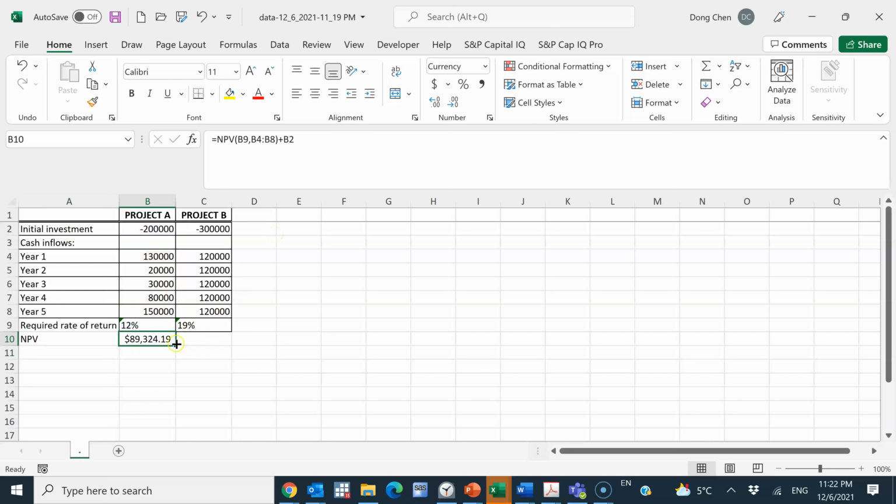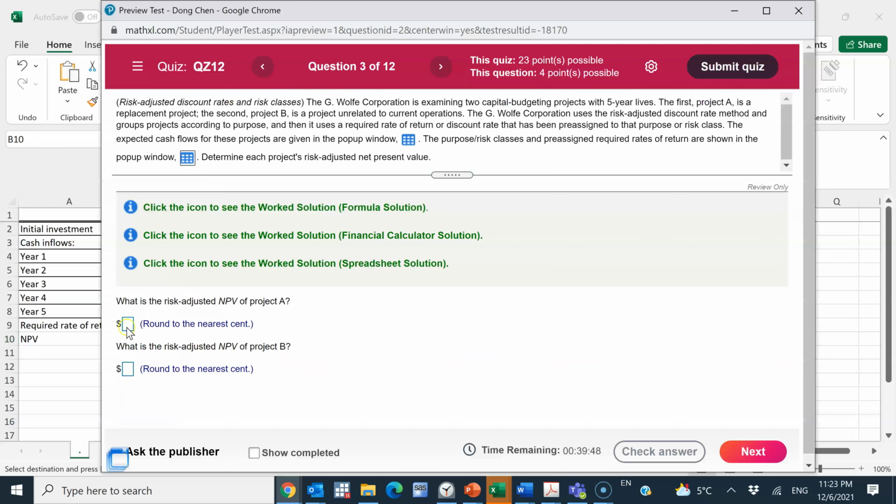And then for project B, the formula will be similar except for different numbers. So I can just drag this formula to the other project, and Excel can automatically calculate the NPV for project B. And then the final job is to copy the number back.